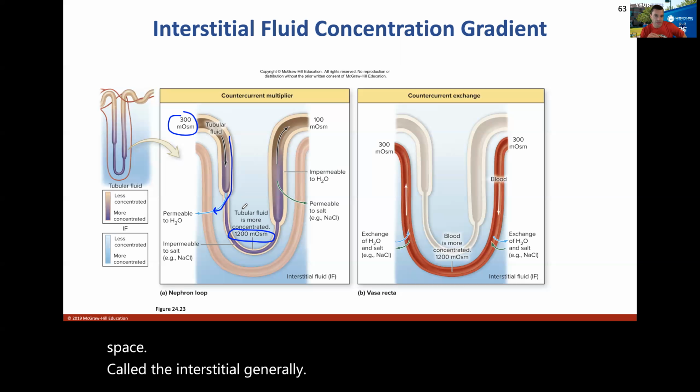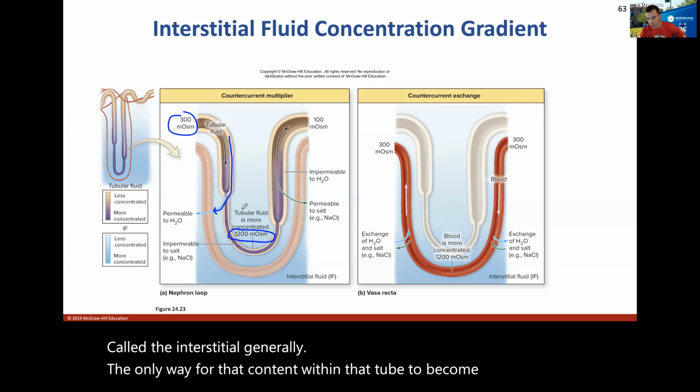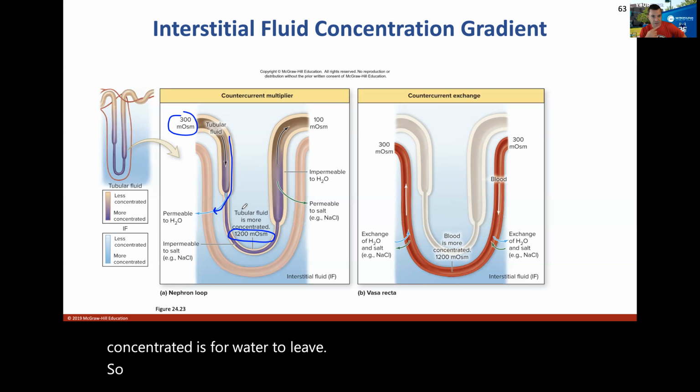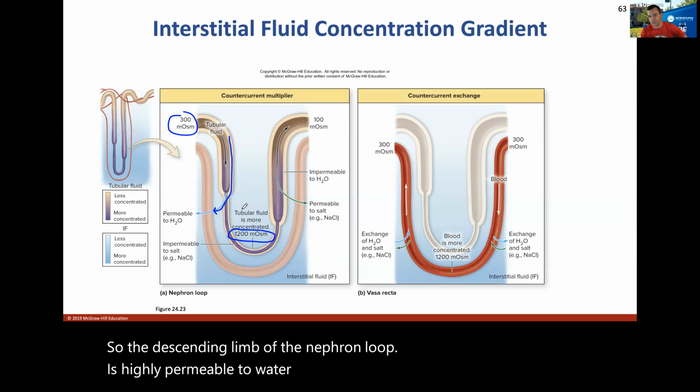The only way for that content within that tube to become more concentrated is for water to leave. So the descending limb of the nephron loop is highly permeable to water and impermeable to anything else.